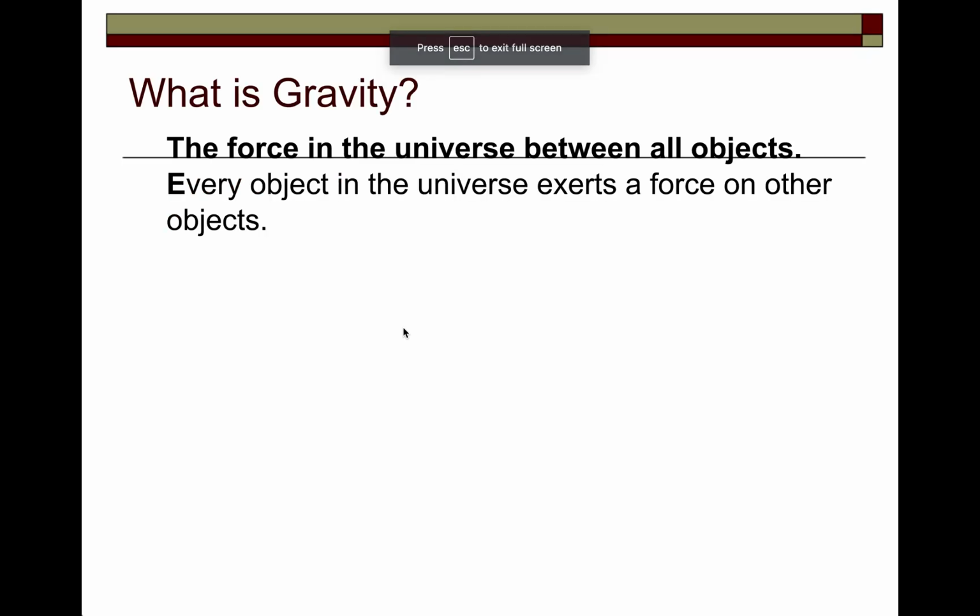Gravity. What is gravity? The force in the universe between all objects. Every object in the universe has a force on other objects.